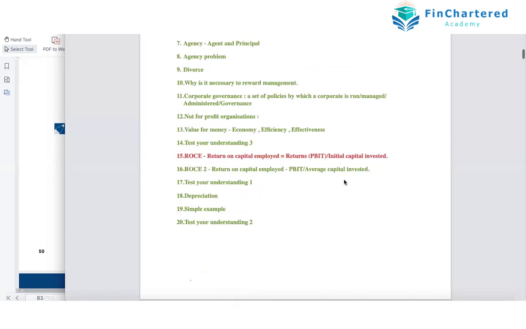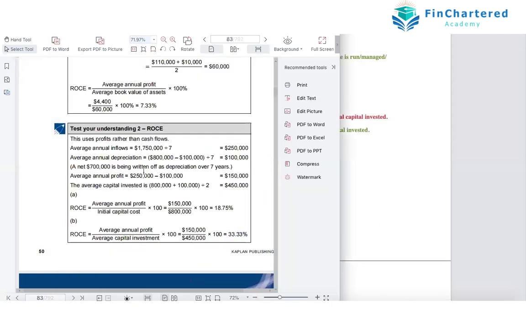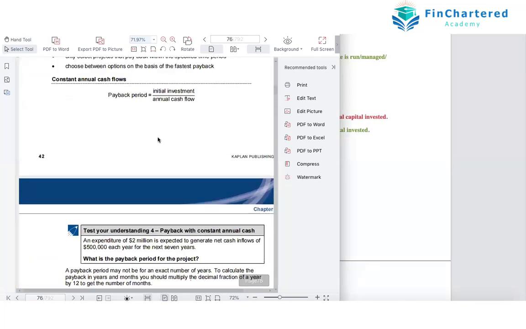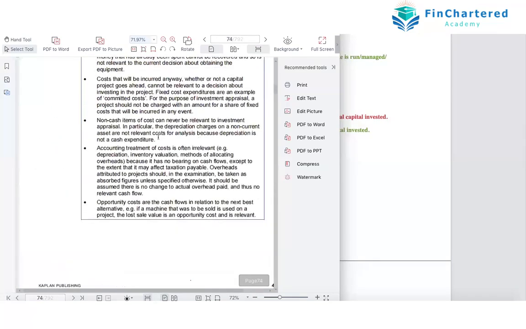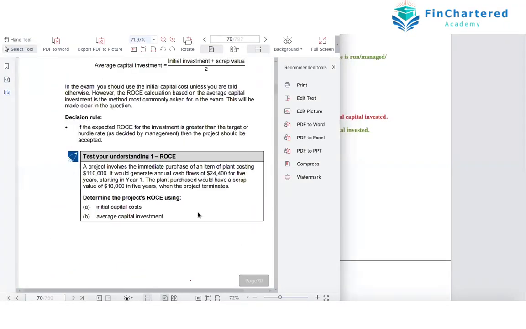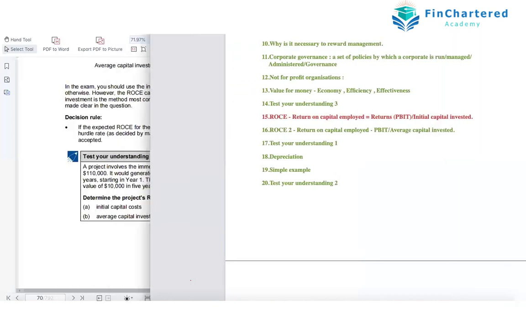Average capital invested is, see, Arisha, look at test your understanding 2. Here, the capital is 100,000.